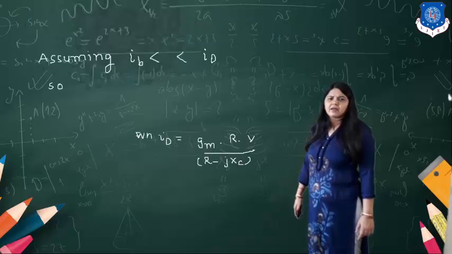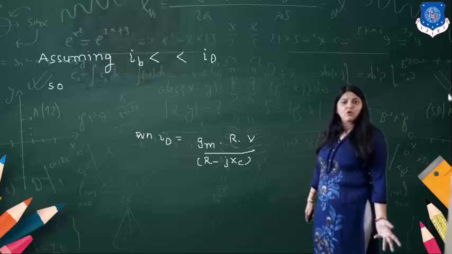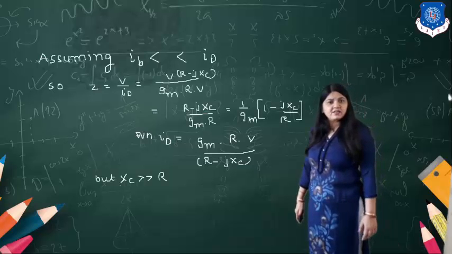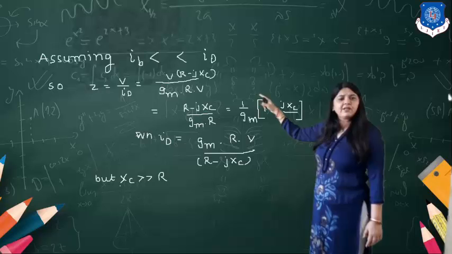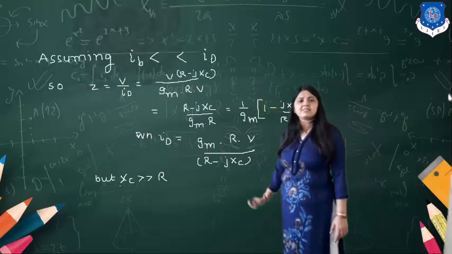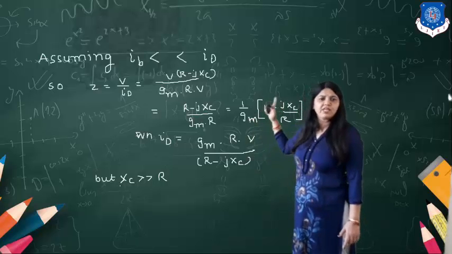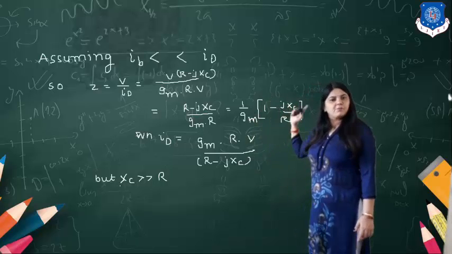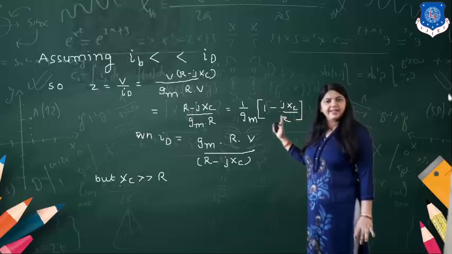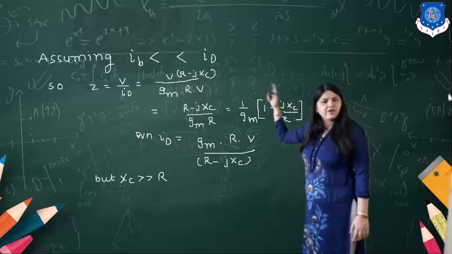But IB is much less than ID. So now Z is V upon I, and here it is V upon ID. Put the value of ID from the previous equation over here.